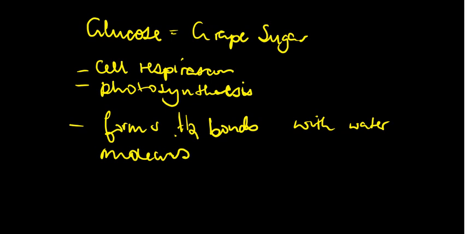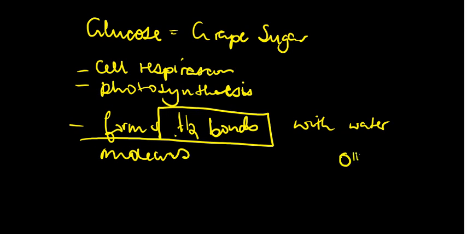The reason why is because it forms hydrogen bonds with the water molecules. A hydrogen bond means oxygen will combine with the hydrogen on a different water molecule, and so on and so forth. Okay, so having said that, the open chain of glucose is an aldehyde.